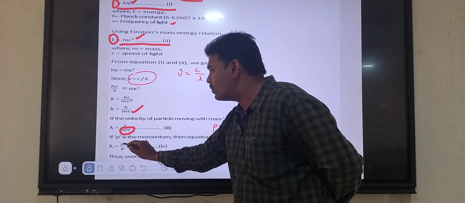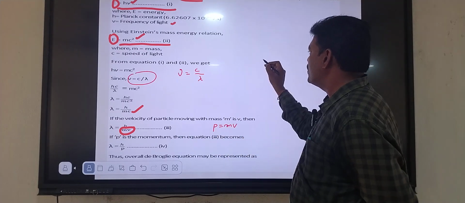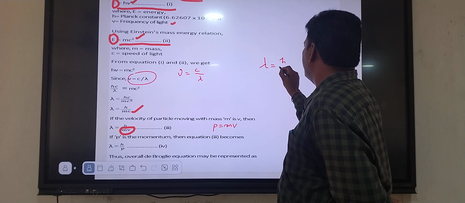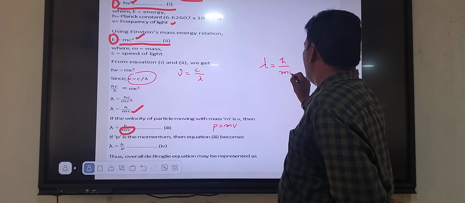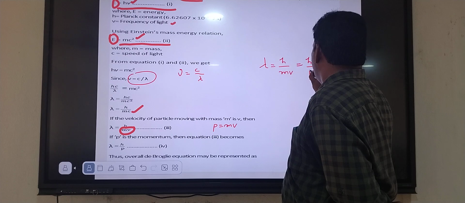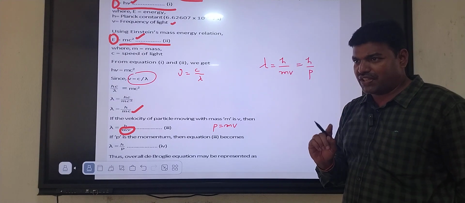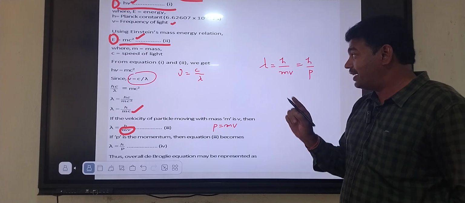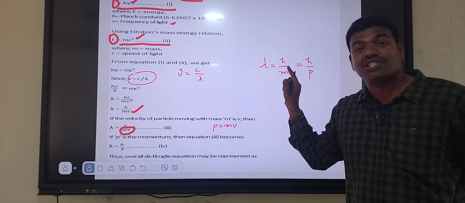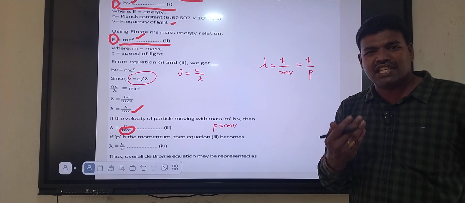So lambda is equal to h by p, or lambda is equal to h by mv. This is de Broglie's equation, and de Broglie derived this equation for particles as well as waves. That is how we derived de Broglie's equation.